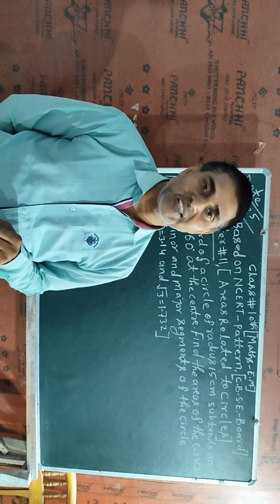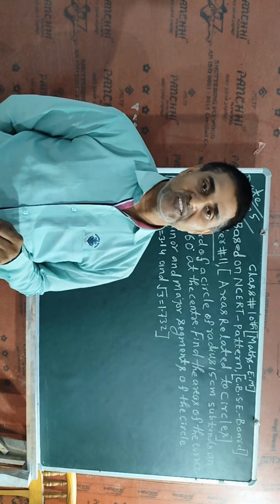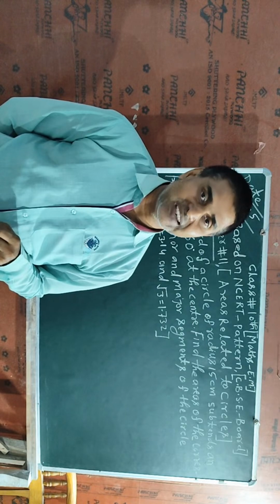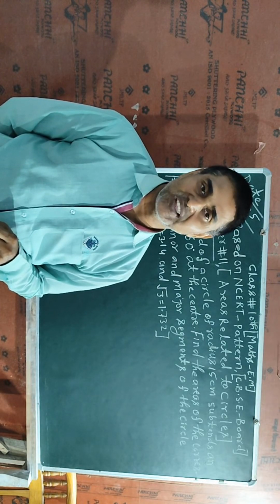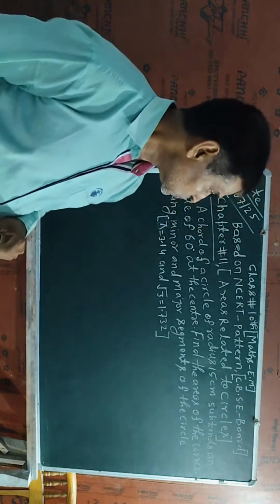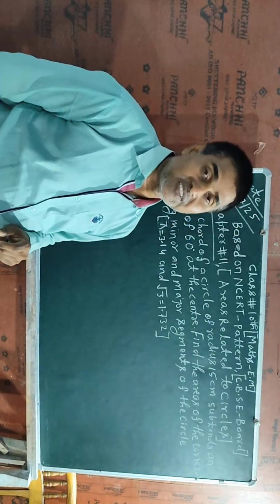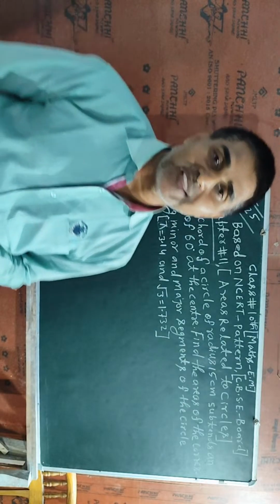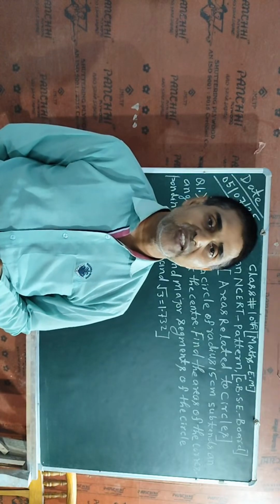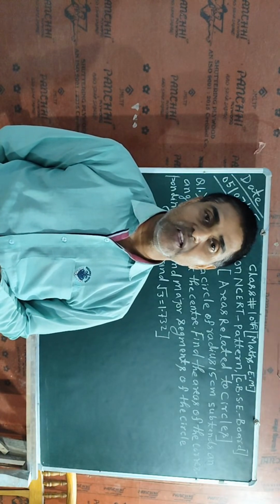In other words, a region obtained by two radii of a circle and the corresponding arc is known as a sector of a circle. The area of the sector of a circle can be obtained by the formula theta divided by 360 degrees into pi r square, where r is the radius of the circle.